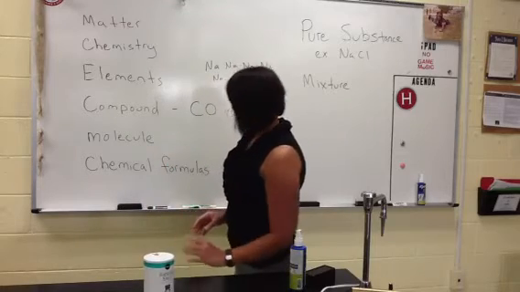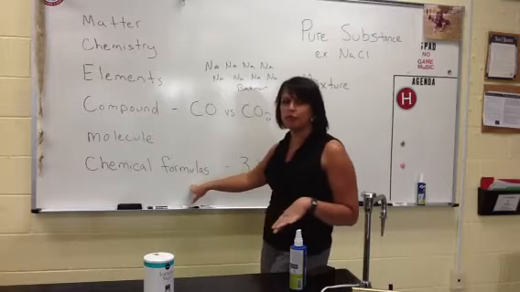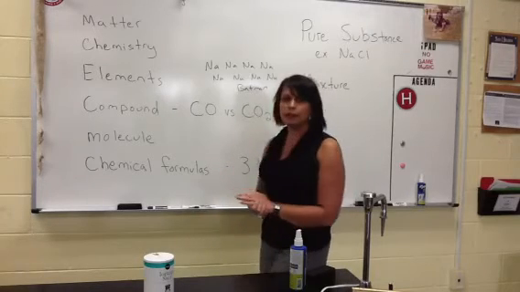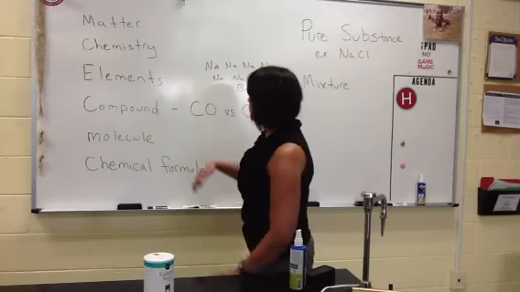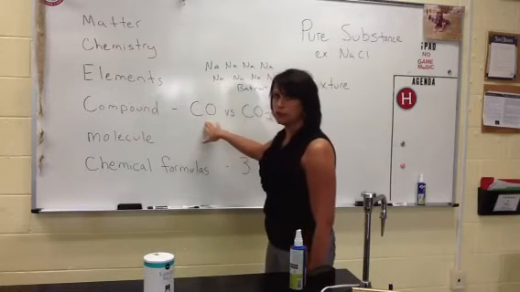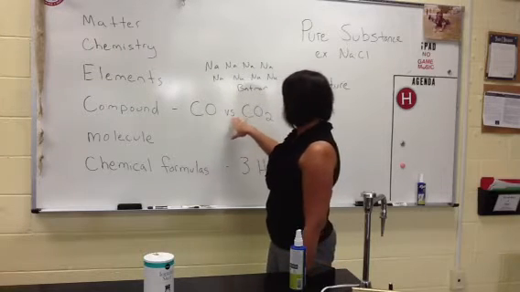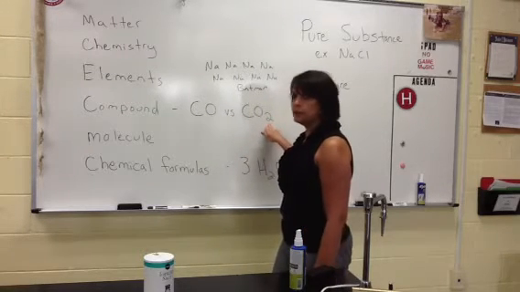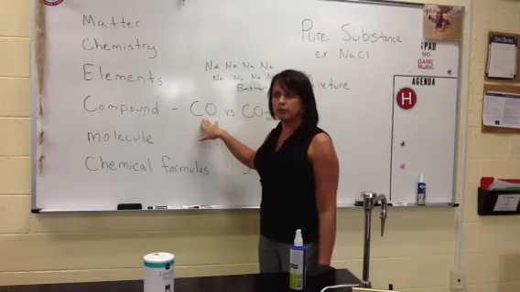All right, moving on, we will now come down to chemical formulas. Love chemical formulas. It is how we express chemistry. Up here under compound, you'll notice I have two compounds: carbon monoxide versus carbon dioxide. Carbon monoxide is very dangerous.